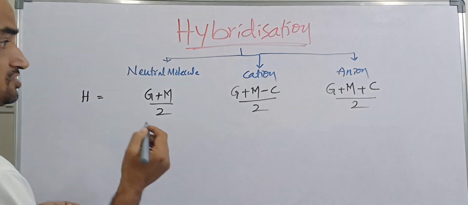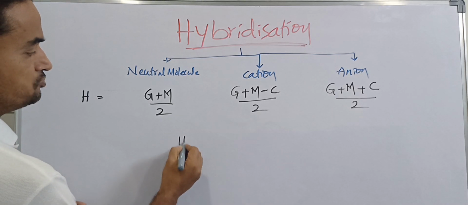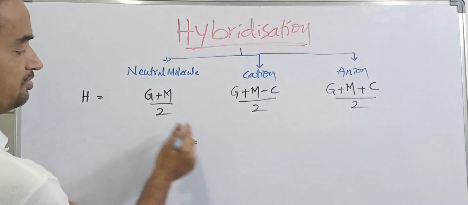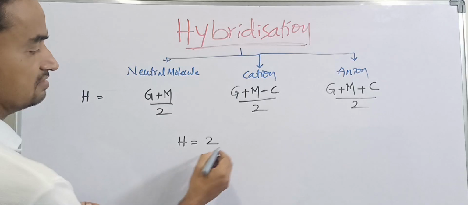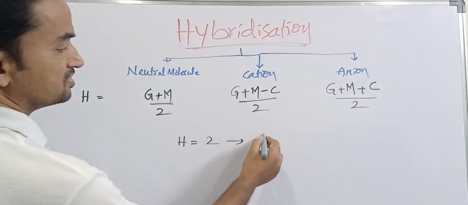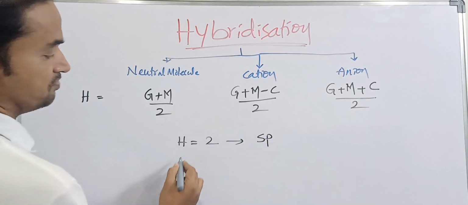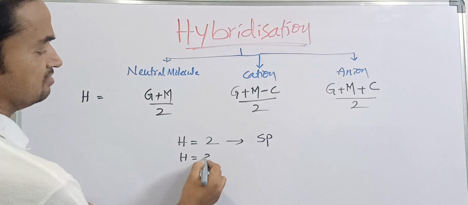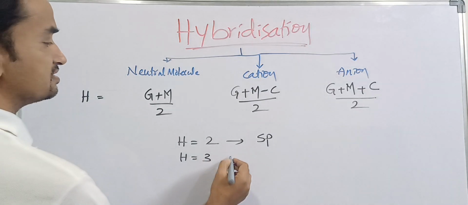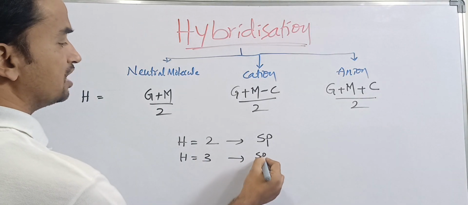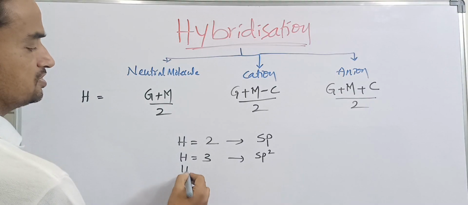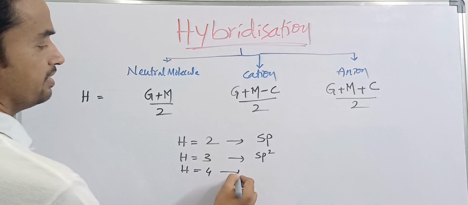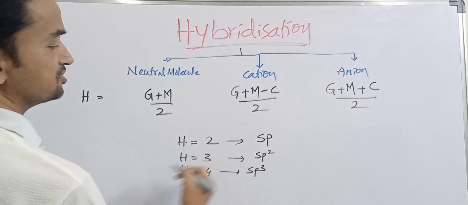Now if the H value we are getting is 2, then it is sp hybridization. If H value is 3, it is sp2 hybridization. If H value is 4, it is sp3 hybridization.